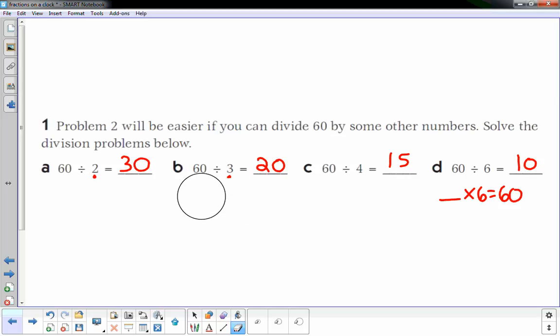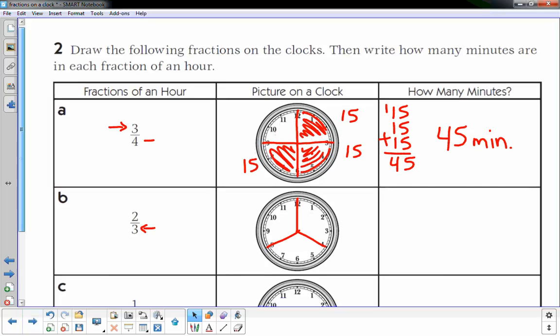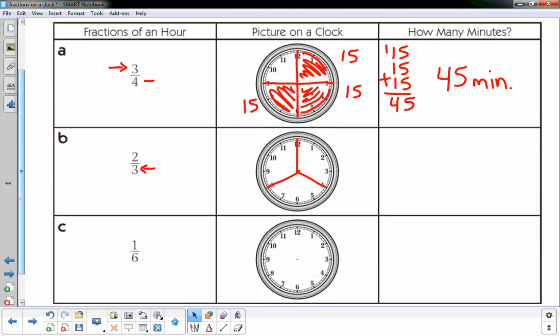Yep, it's right here. 60 divided by 3 is 20. So if you take 60, divide it into 3 equal parts, each one's worth 20 minutes. So I go to B, each one of those sections is worth 20 minutes. This is 20 minutes, down here's 20 minutes, and over here's 20 minutes.